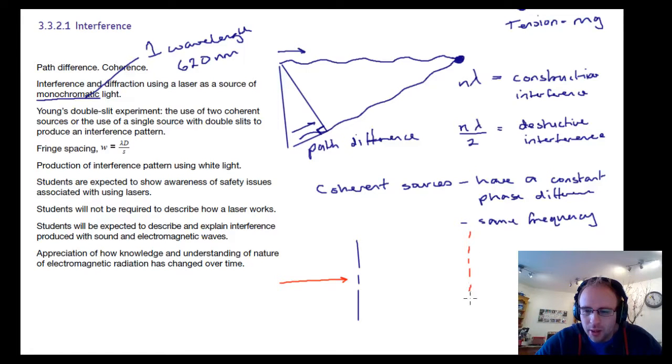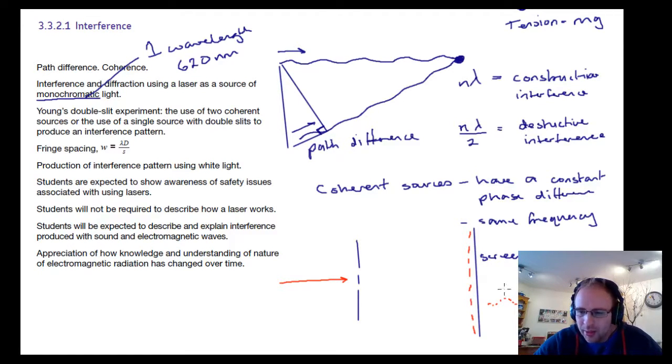We get bright spots and we get dark spots if we have a screen. Let's draw a screen. Those bright spots and dark spots show a pattern which kind of follows this shape.